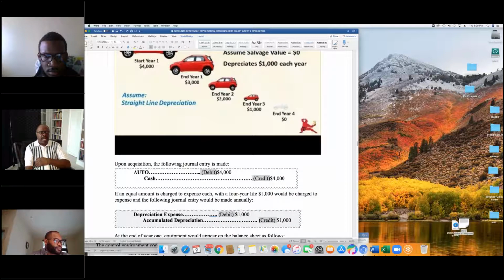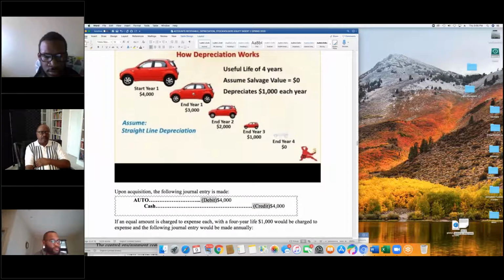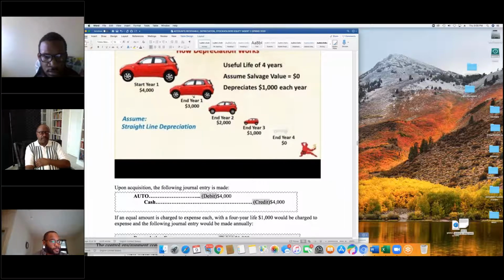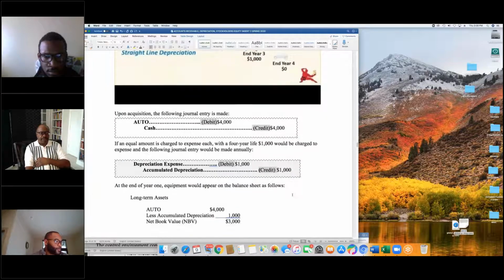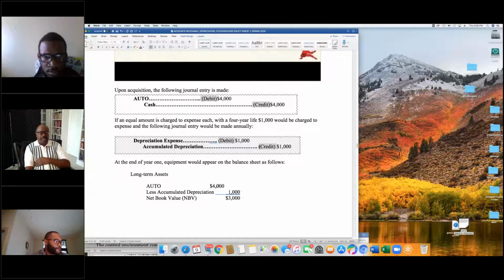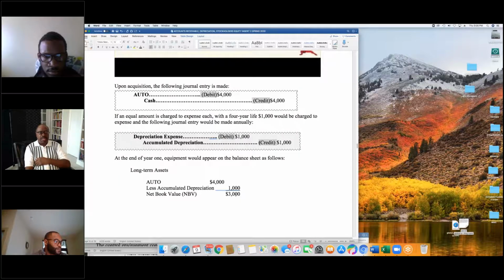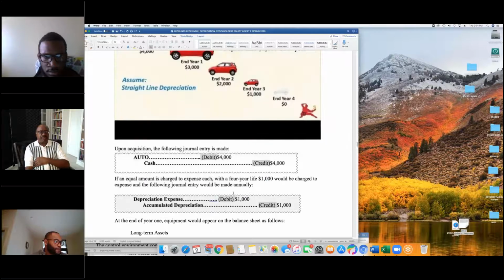When you buy the car, you debit auto for $4,000 and credit cash. At the end of the first year, you record the decline in value by debiting depreciation expense and crediting accumulated depreciation for $1,000. The $4,000 cost stays on the books, but the credit in the accumulated depreciation account lets us know that the net book value of the asset is $3,000.